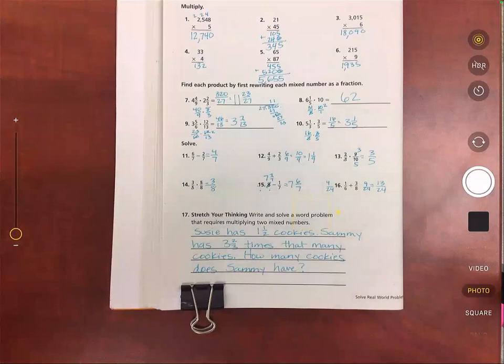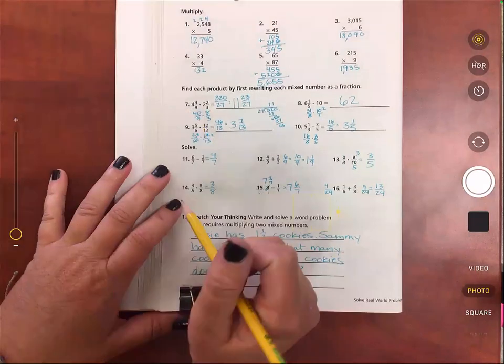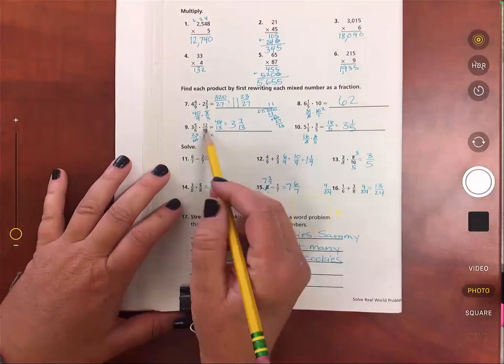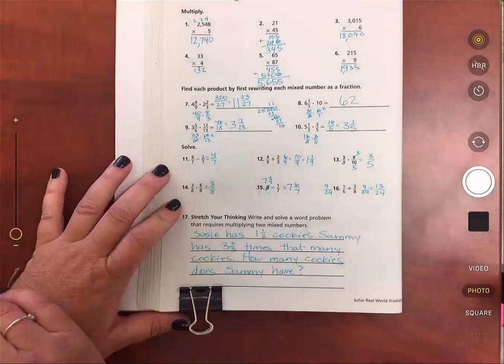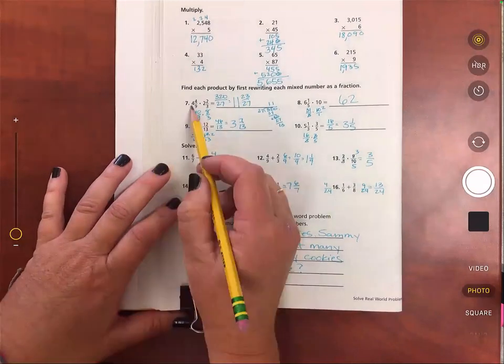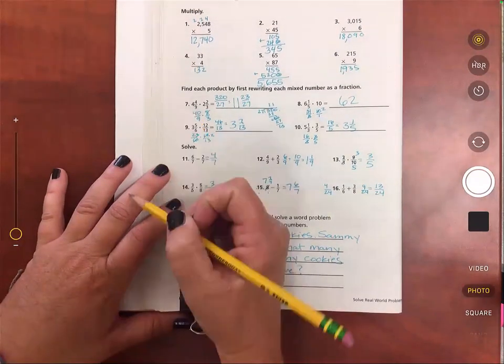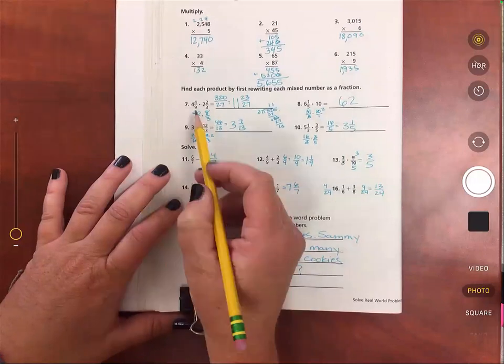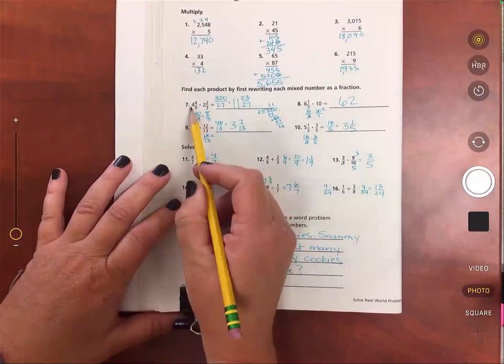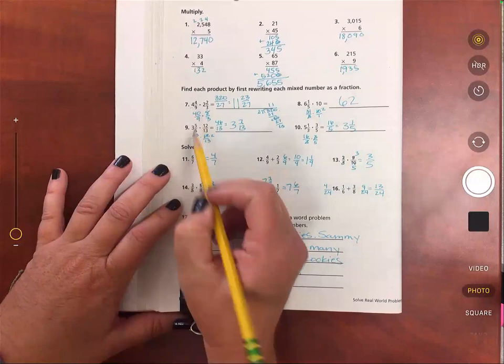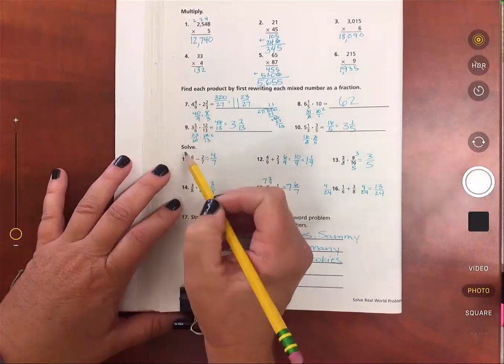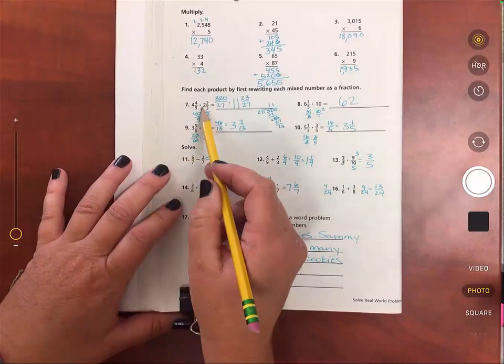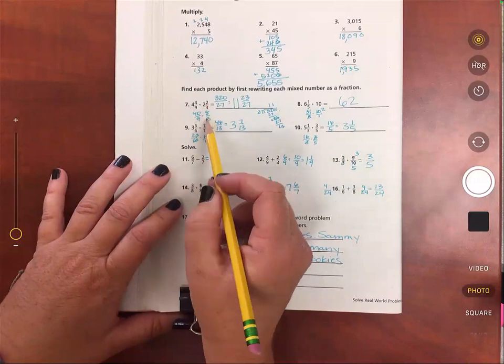7, 8, 9, 10. Okay. So 7. So again, we're multiplying. Remember, when we multiply, we have to change them to fractions greater than 1. We cannot multiply them as mixed numbers. So 9 times 4 is 36, plus 4 is 40. Keep my same denominator of 9. 3 times 2 is 6, plus 2 more is 8, over 3.